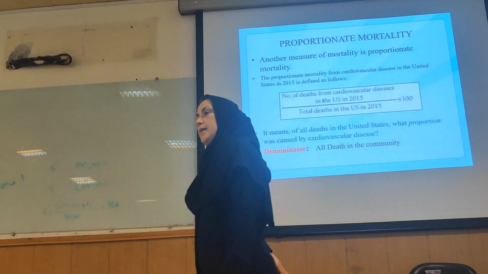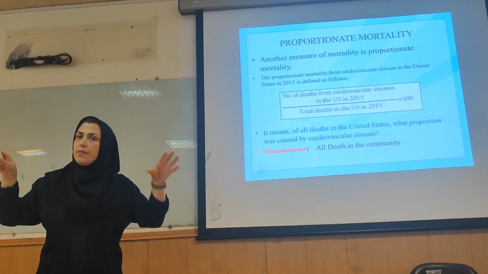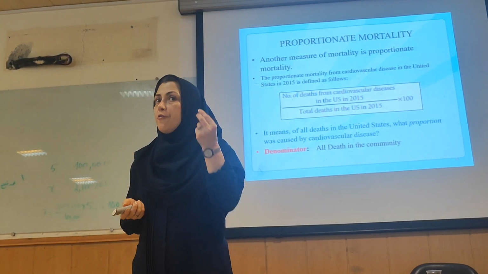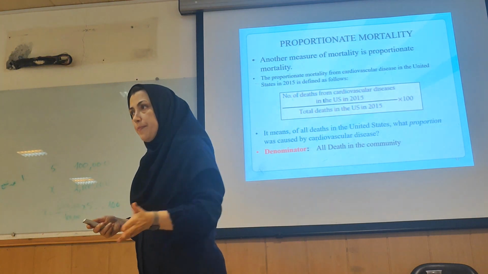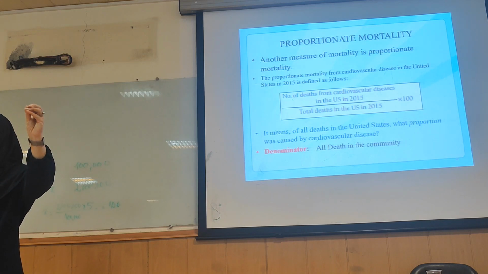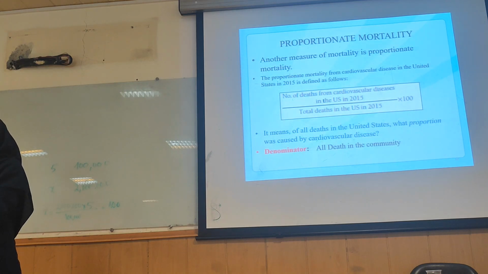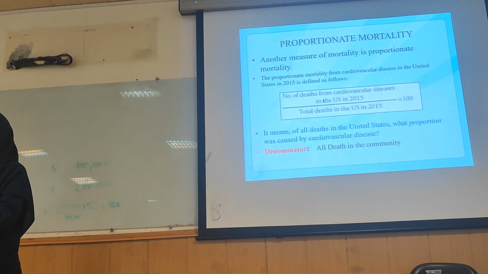If I tell you that almost 45% of deaths in Iran are related to cardiovascular disease, it means that out of 100 deaths, 45 are related to cardiovascular disease. Okay? So it shows you the importance of each disease in producing deaths among all diseases that produce deaths in your country. Okay?